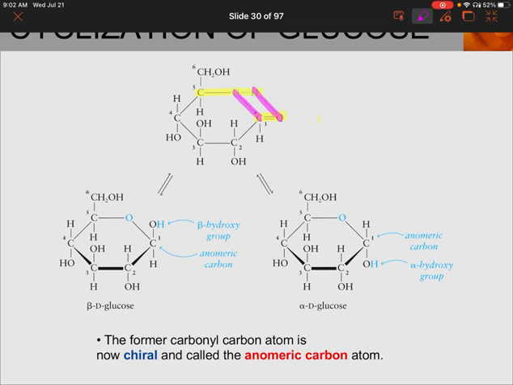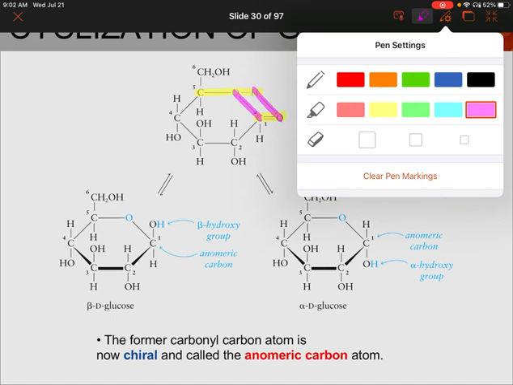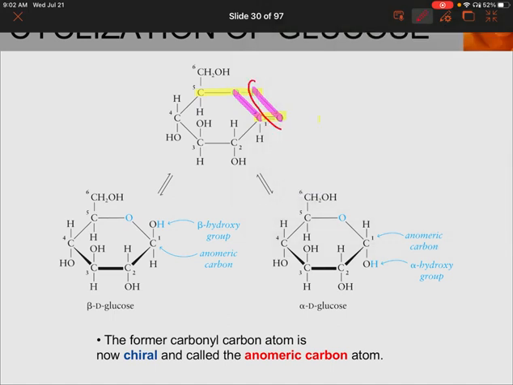Now, there's a couple different ways, or a couple different products we could get here. We could end up with this new OH group either pointing up on carbon 1 or pointing down on carbon 1. So that carbon is going to determine the stereochemistry of our molecule.